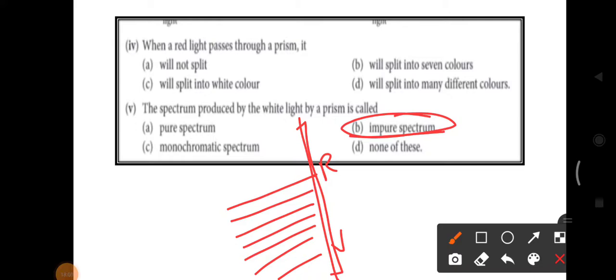But the prism always gives an impure spectrum. That means the colors are overlapping. The red and orange are overlapping with each other. That type of spectrum is called an impure spectrum. The prism always gives an impure spectrum.